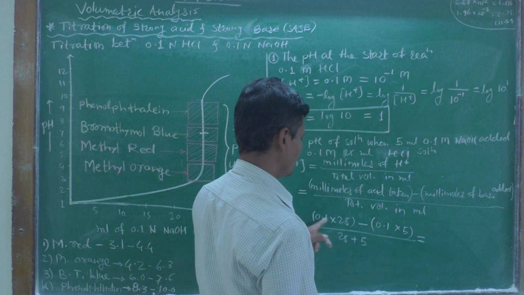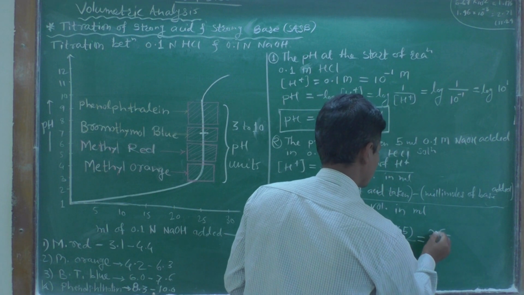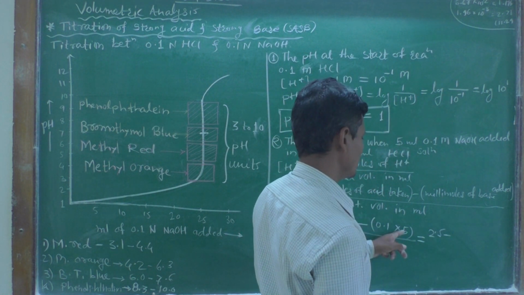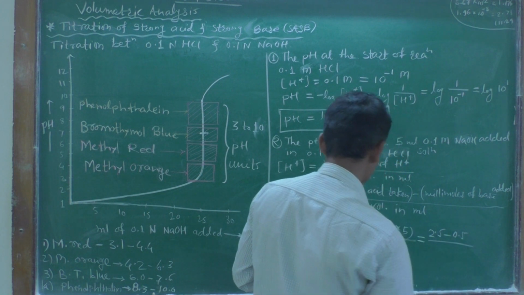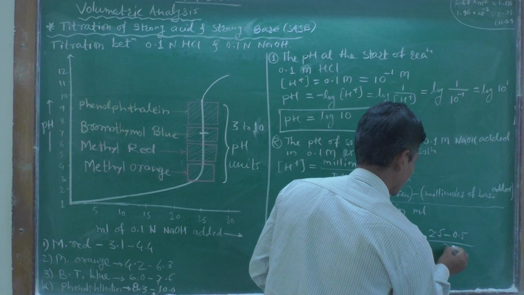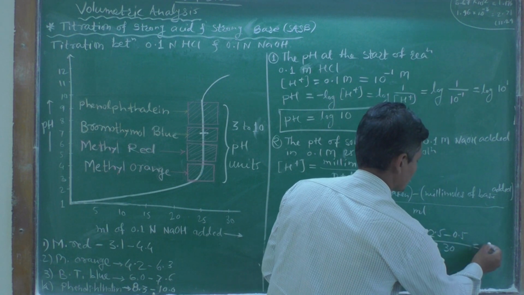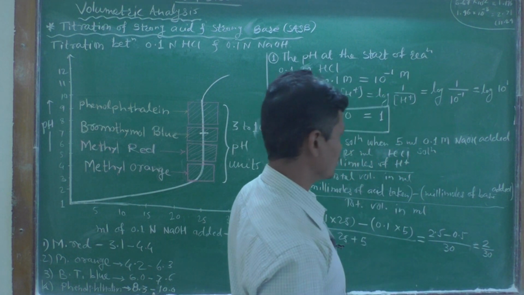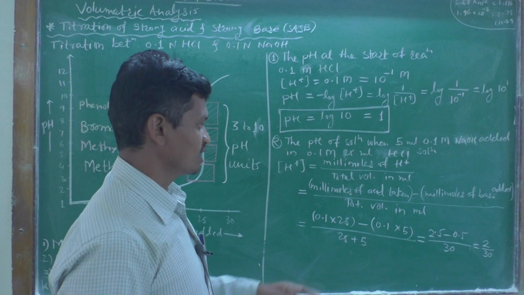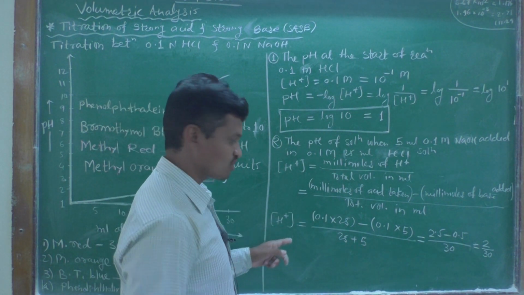So 0.1 into 25 is 2.5, minus 0.1 into 5 is 0.5, divided by 25 plus 5, which is 30. So it is 2.5 minus 0.5, which is 2, divided by 30.